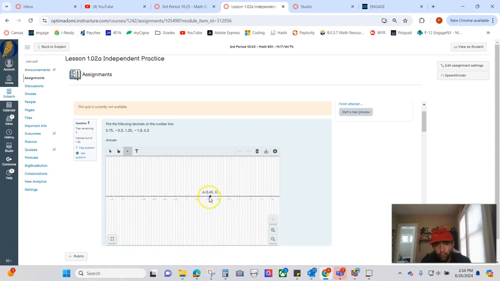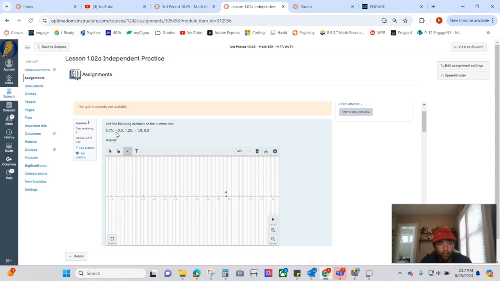Negative numbers are to the left. So we're looking for 0.75. That's like by 0.7, which is right here. There's 0.7, but 0.75 would be right there.